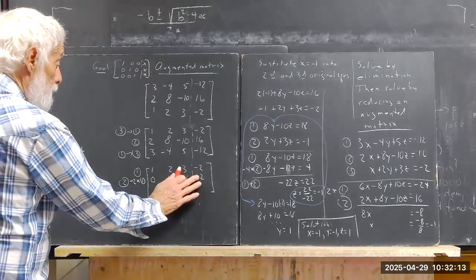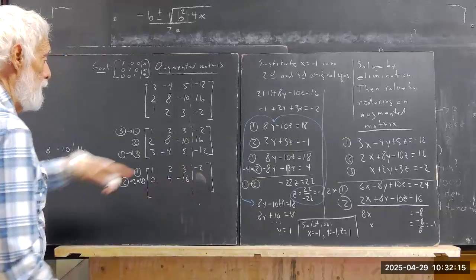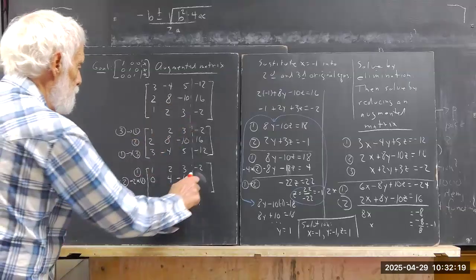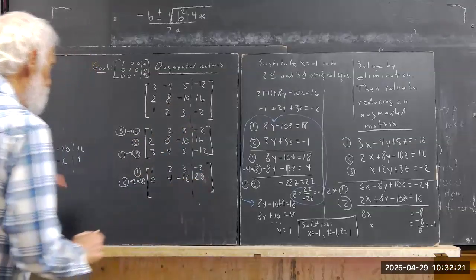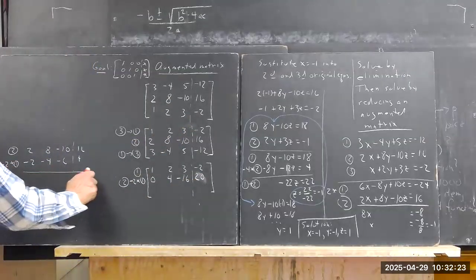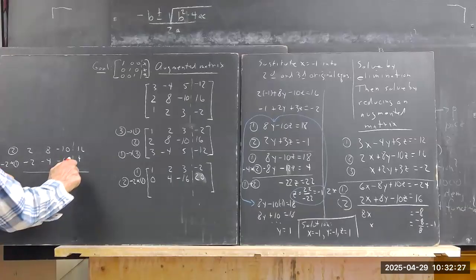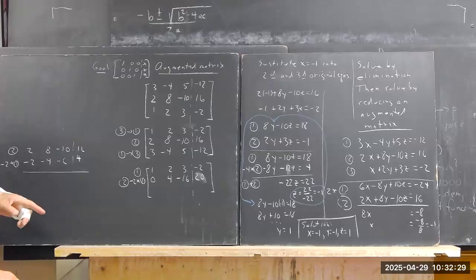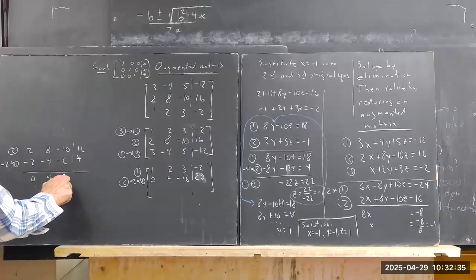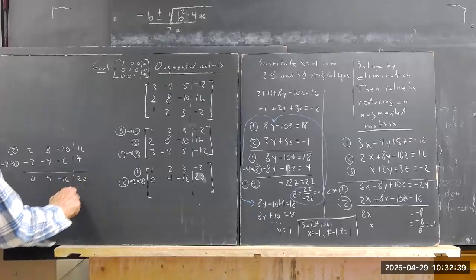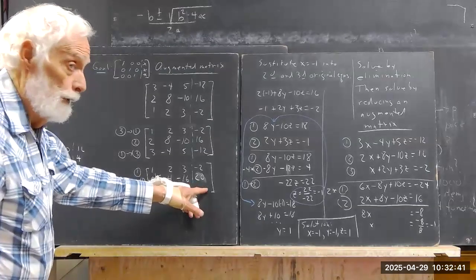And I made a mistake here when I did this. 16 plus 4 would be 20. So I probably should have written it out. Now when I add, I'm going to get 0, 4, -16, and 20, which is what I now have here.